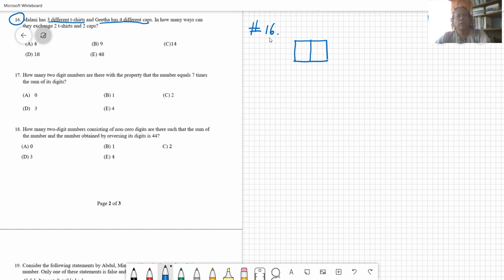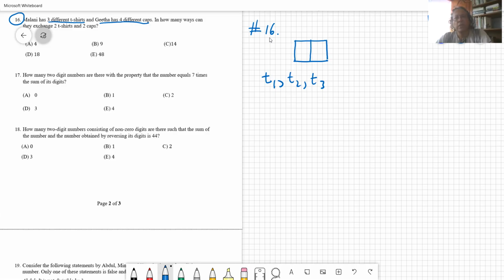Now, in how many ways can we select 2 t-shirts from 3 different t-shirts, right? So we can label the t-shirts as T1, T2, and T3. Now, to select 2 out of 3, we just have to drop 1, and there are 3 different ways of dropping just 1 t-shirt.